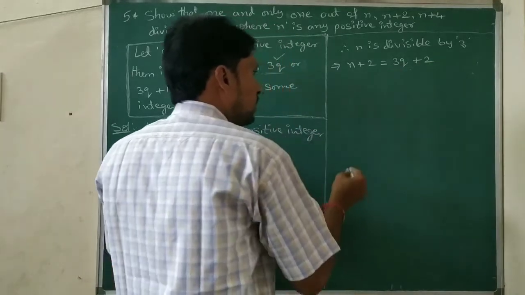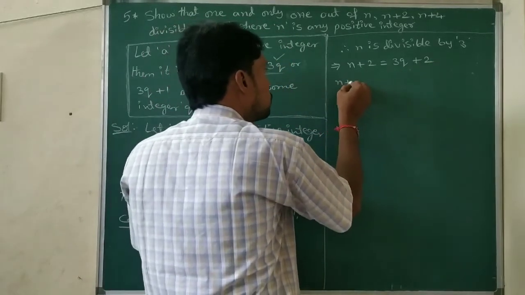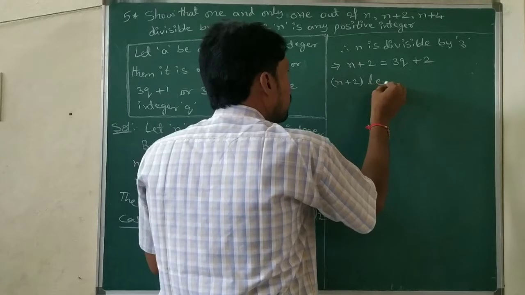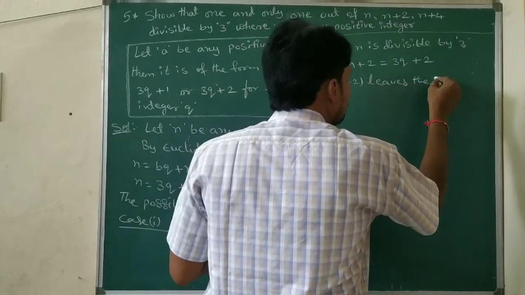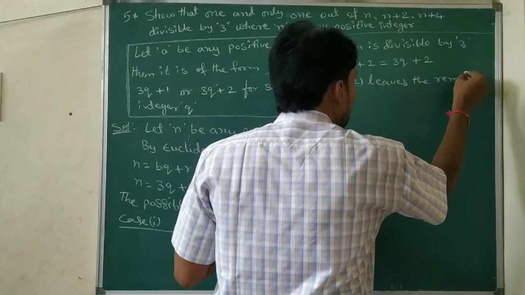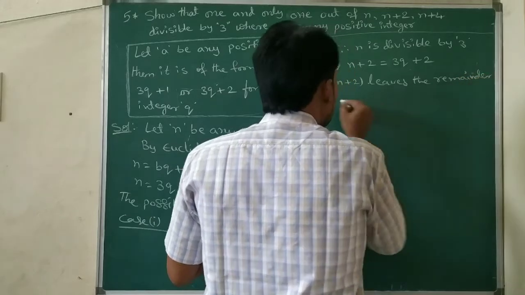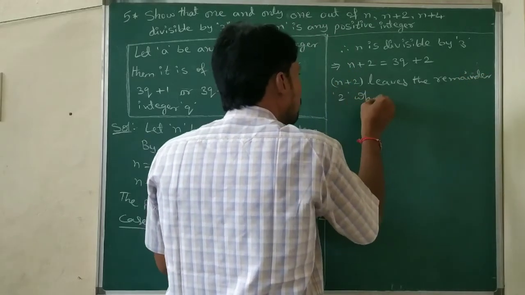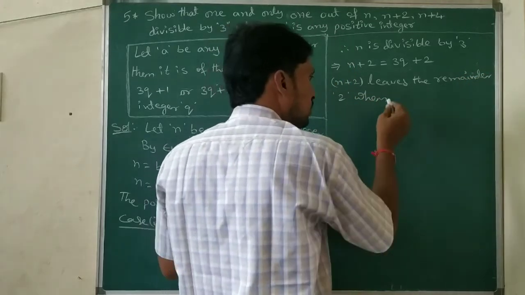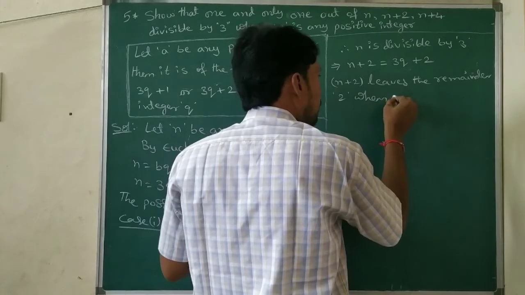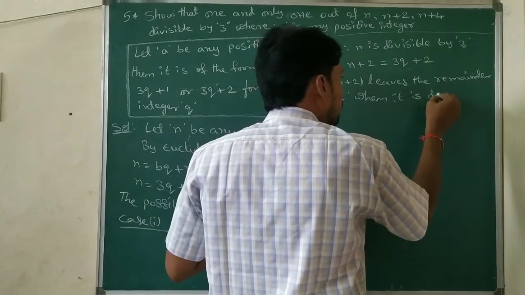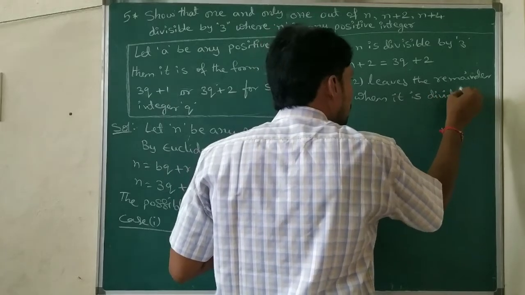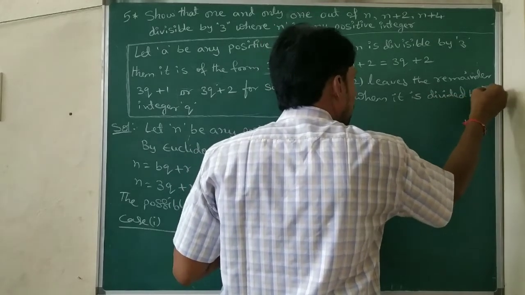Now we have to write it here. n plus 2 leaves the remainder 2 when it is divided by 3.